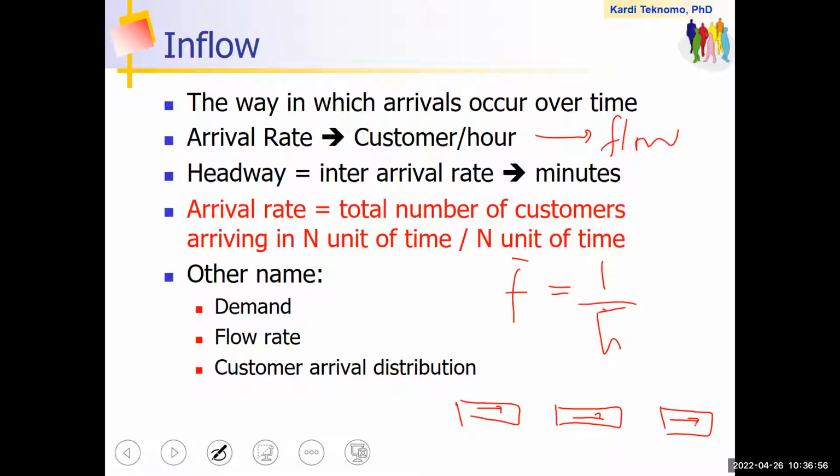So how do you measure the flow? You measure the flow at 1 point here, this is your eyes, looking at how many cars pass through that line per minute or per hour. That is called flow. You create an imaginary line, and how many cars pass that line is called flow.